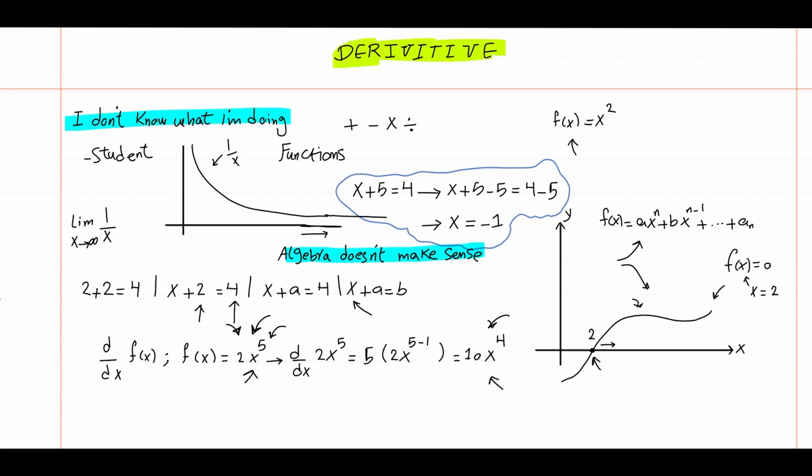What will become of the curve 1 over x? Well, from the shape of the function, we can see that it will begin approaching 0, approaching the x-axis. So the values are getting less and less, and in infinity it will be 0.